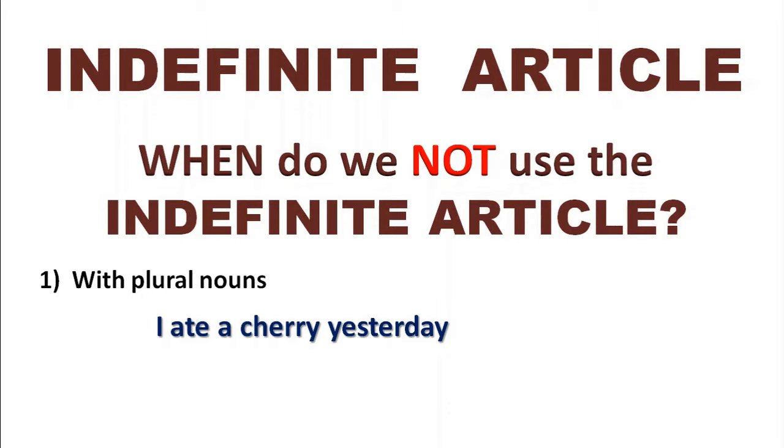So we could say I ate a cherry yesterday, but we would normally say I ate cherries yesterday. And when we use the plural noun cherries, we do not use the indefinite article. Okay, so we use a with a singular noun, but not with a plural noun like cherries.